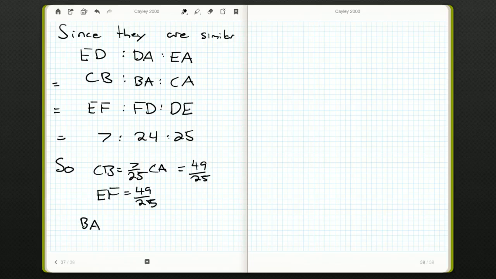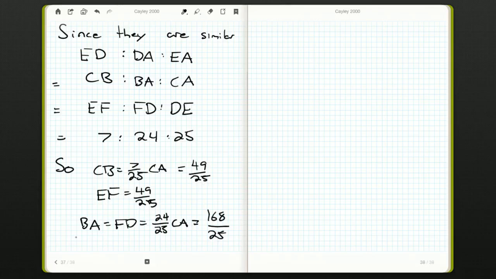And we can get BA is equal to FD is equal to 24 over 25 times CA, which is going to be 7 times 24, which escapes me for the moment. Calculator says it's 168. Oh yeah, days in the week. Silly me. 7 days, 24 hours in a day, so this is how many hours in a week. 168.